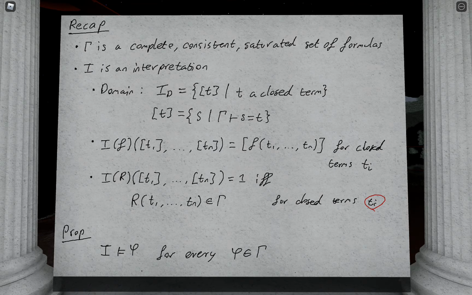And this is the main thing I need to prove in order to say that this will link back to completeness, because I need an interpretation that makes all of the formulas in gamma true.